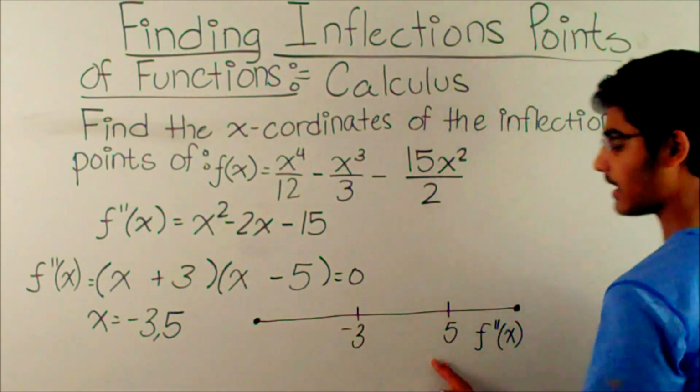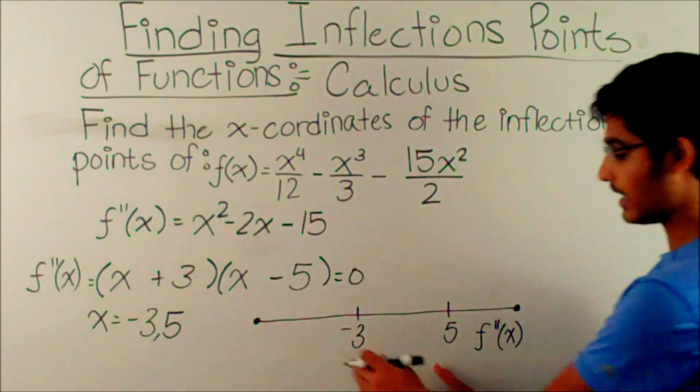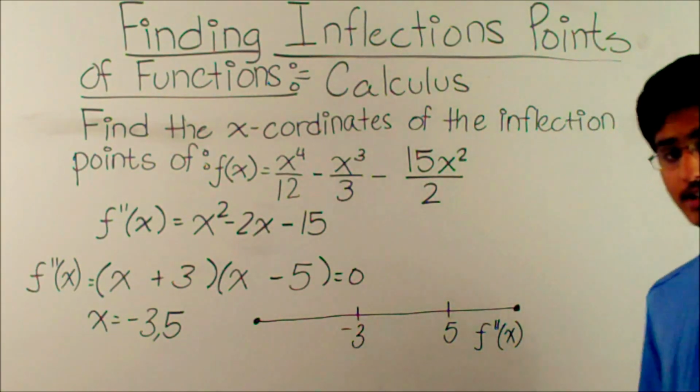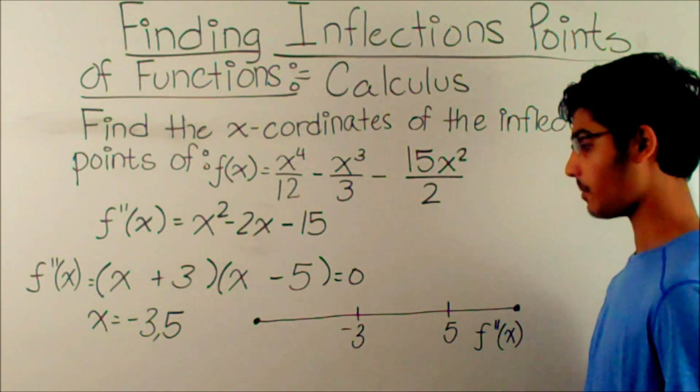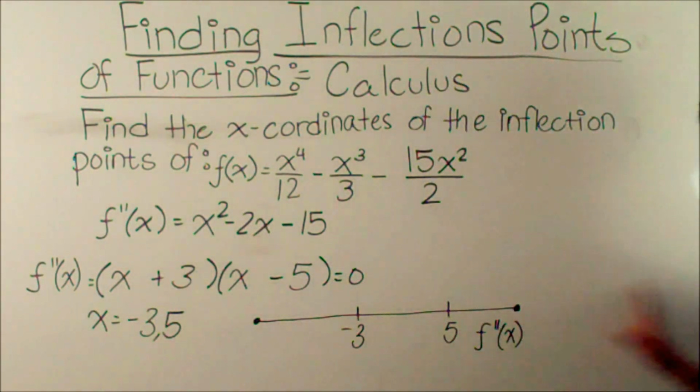And notice that these are not evenly spaced out. It's not supposed to be like this. The spacing doesn't really matter with a sign line. You're just looking at the intervals between the numbers. And we know that this would continue to negative infinity and would continue to positive infinity.